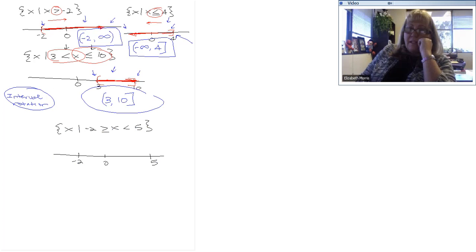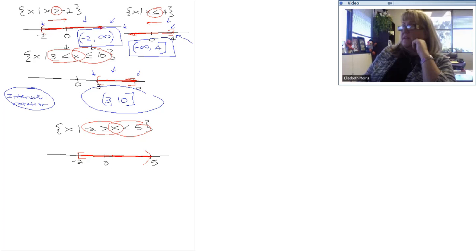All right, let's graph. First, we're going to graph this. X is greater than or equal to -2, so it's a bracket going this way. But when we get to 5, x is less than 5, so it's a parenthesis, and it's going this way. So it's everything in between.